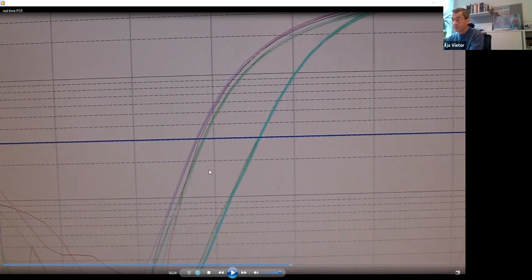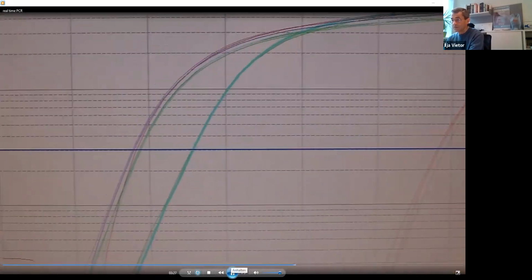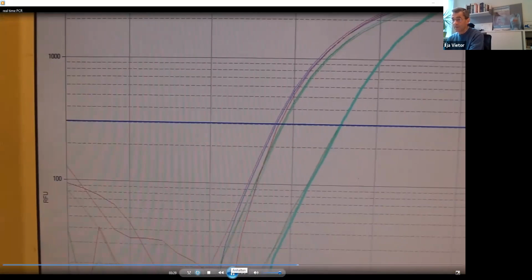And then you look at the differences in the so-called CT values between samples. So where the same intensity of the signal is reached after how many cycles, and this gives you the difference between samples, between the amount of the product in different samples.